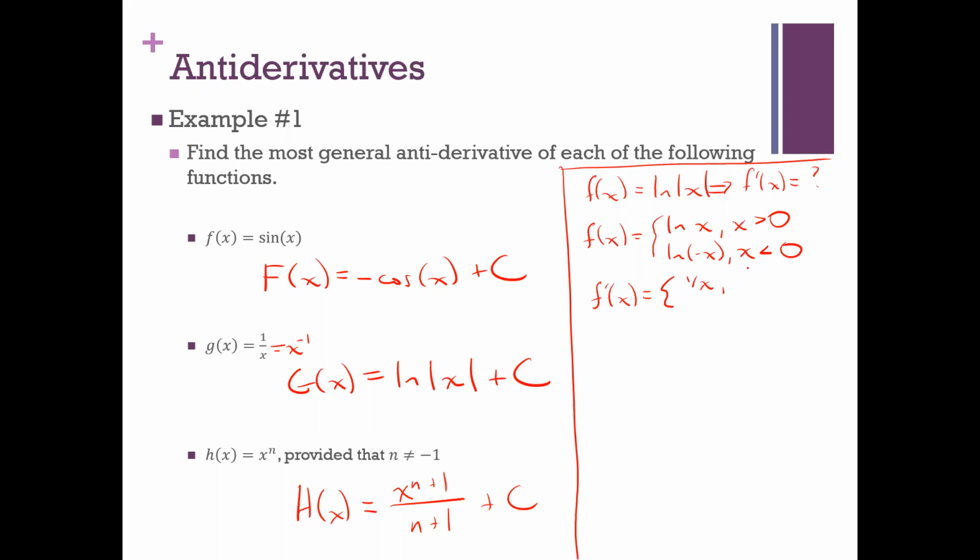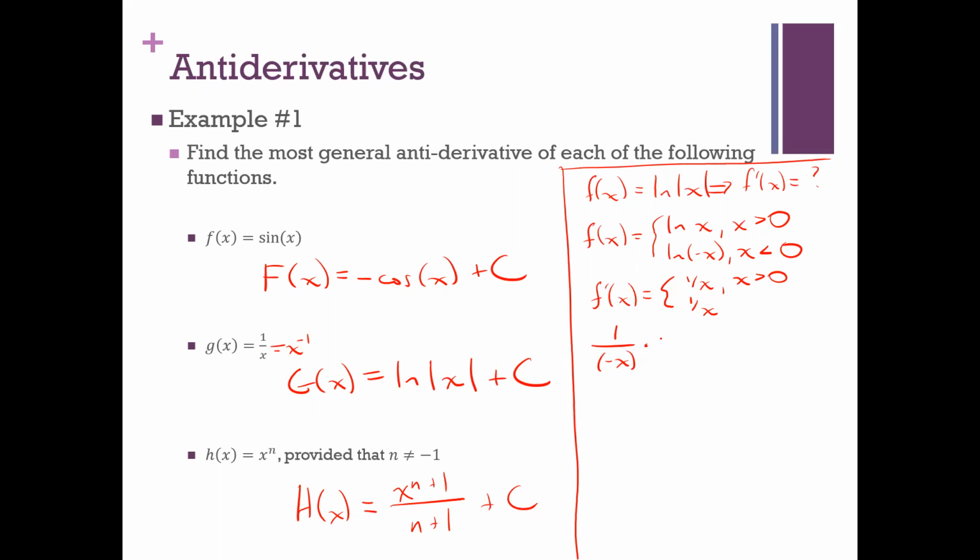And kind of tricky, what's the derivative of natural log of negative x? Also 1 over x, because chain rule says this. The derivative of natural log of anything is basically 1 over that, right?